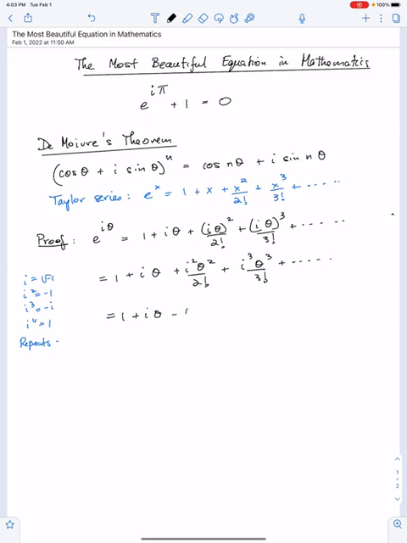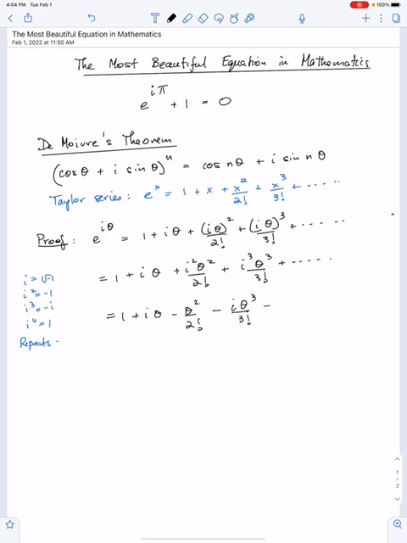So you have minus theta squared over 2 factorial. i cubed is minus i, so you have minus i theta cubed over 3 factorial.